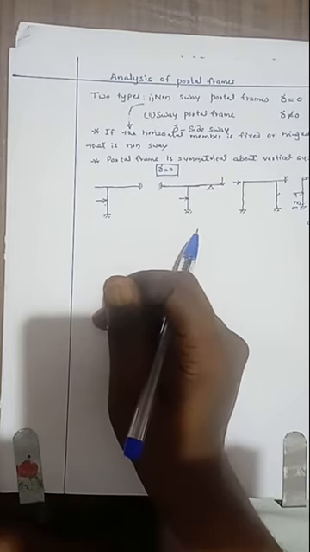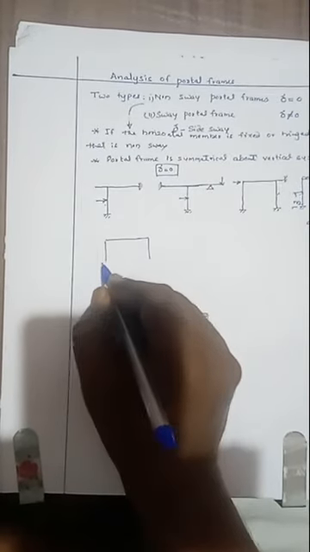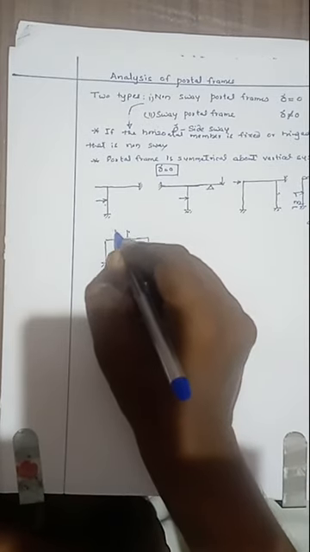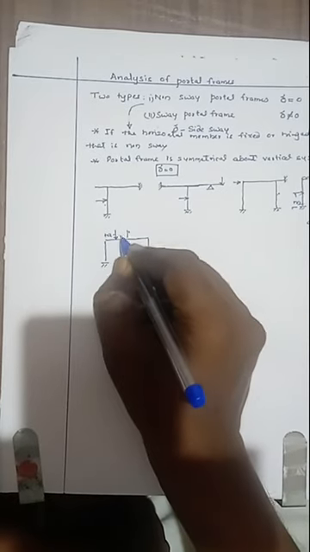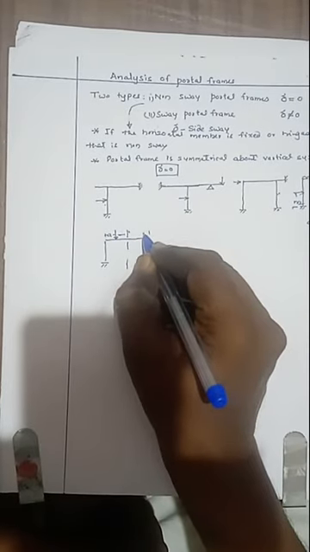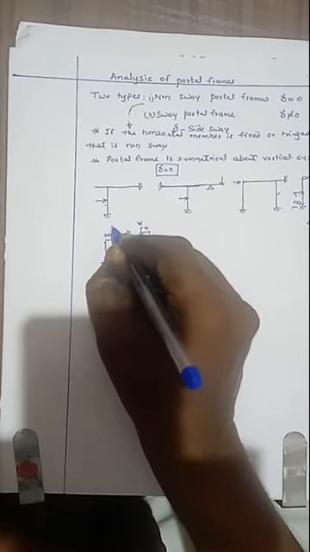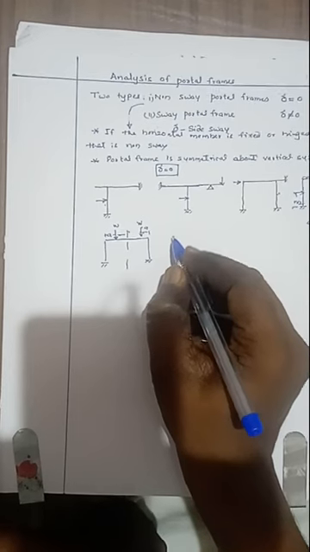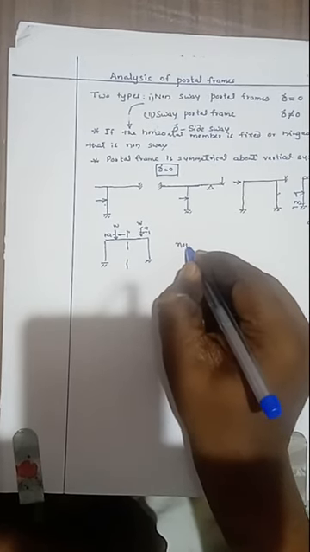If you consider a portal frame subjected to two-point loads on either side, here this is W at a distance of A from this end. Similarly, there is another load of W at the same distance A. This one is W, this one is W. This one is also non-sway, that is, non-sway portal frames.